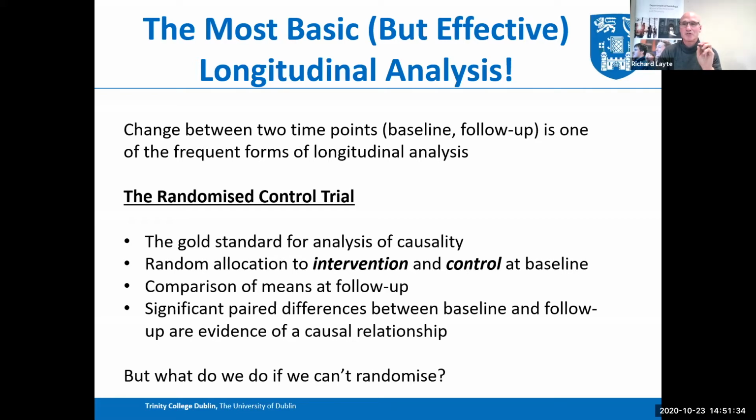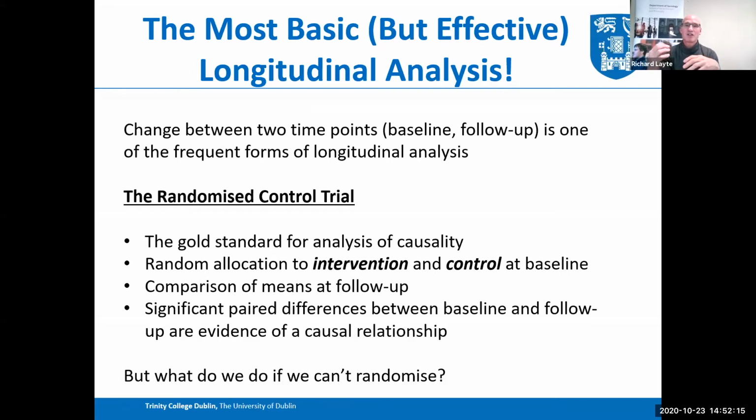The RCT is the go-to benchmark model for looking at longitudinal effects, and it's based upon the idea that if you measure a phenomenon at baseline and follow up, and moreover, you are able to randomly allocate people to intervention and control arms at baseline, then any differences between those intervention and control arms at follow-up are going to be a function of your manipulation of the variable you're manipulating, rather than, say, prior characteristics, say people being selected into being the intervention or into the control. Of course, you randomize that, so it can't be that.